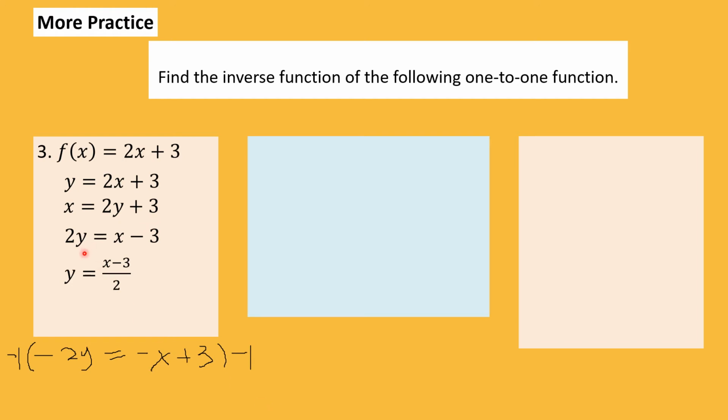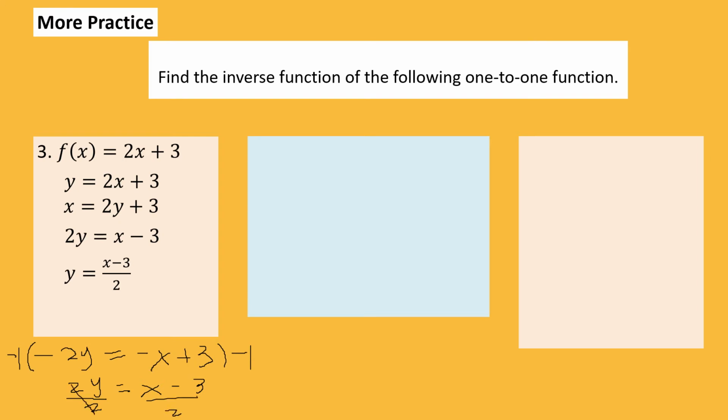Next, by dividing both sides by 2, so i-divide natin both sides etong 2y is equal to x minus 3. Para maging y na lang yan, kasi solve for y daw. So, we divide both sides by 2.